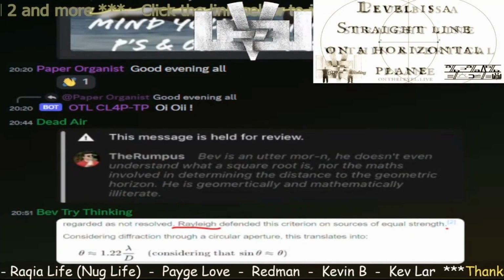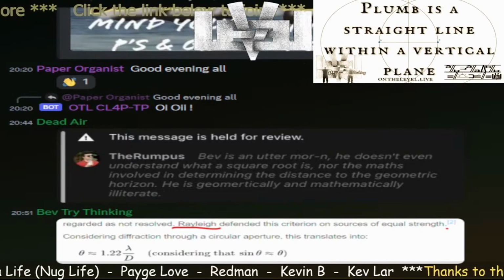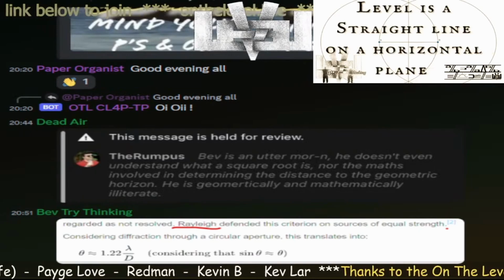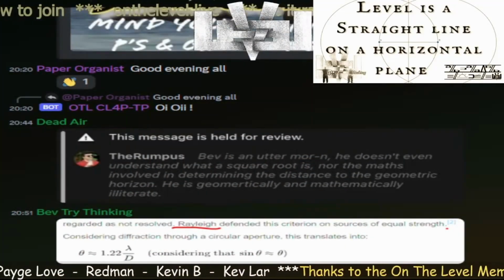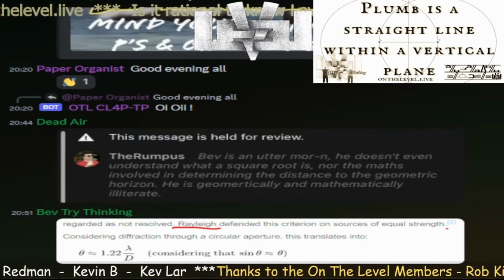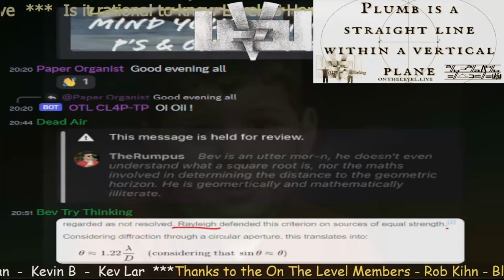I think he wrote that his calculations are from, I don't remember in which book, but he's writing this in Parallax.